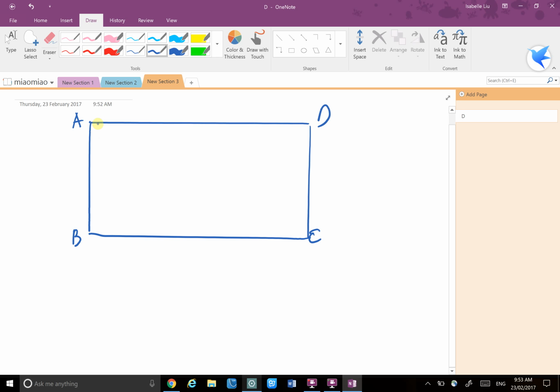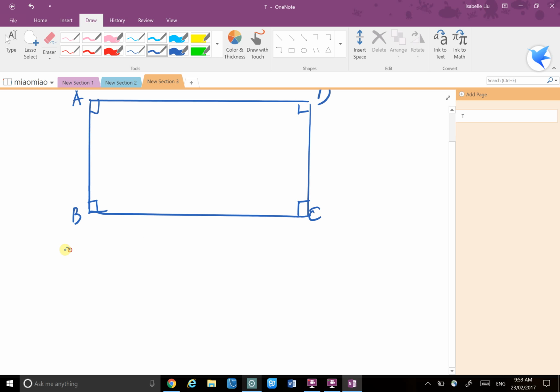You know that's a rectangle, so all of the angles will be 90 degrees, that's for sure. And also a rectangle is a parallelogram. Because it's a parallelogram, you will use the fact that opposite sides are equal. So what has been given?